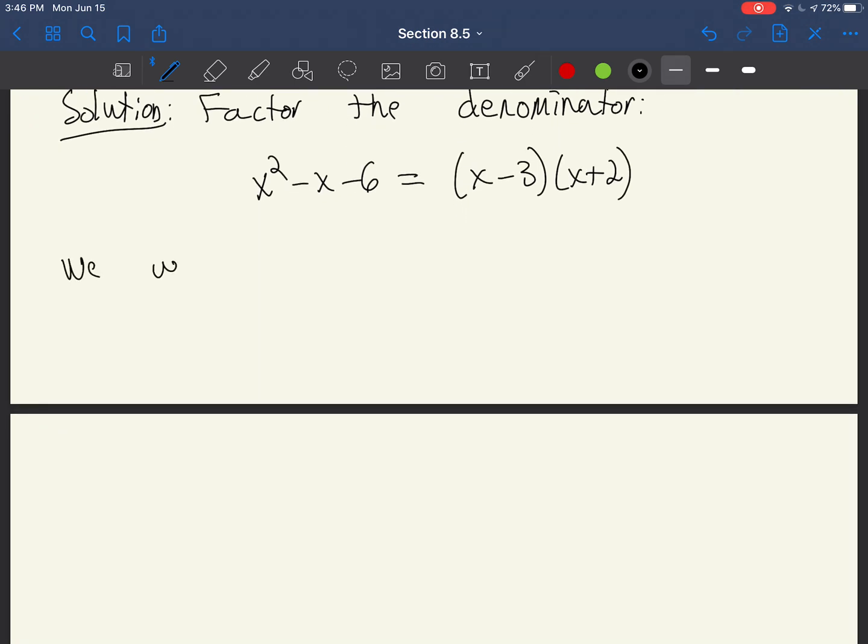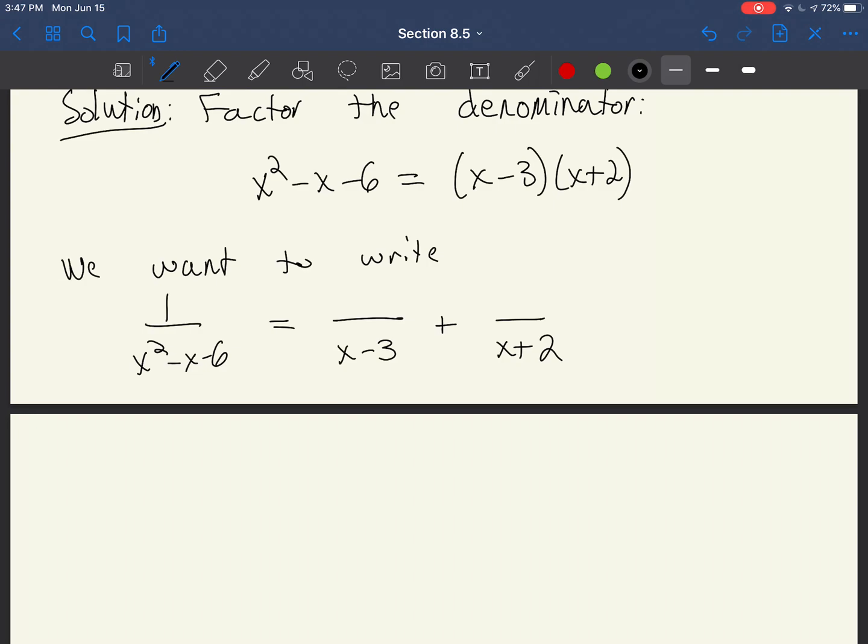Good job. We can actually use partial fractions then. So the goal is to write 1 over x squared minus x minus 6 as something over each of the factors that you get when you factor, each of the factors of x squared minus x minus 6.